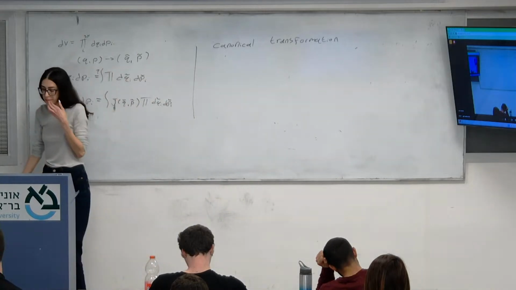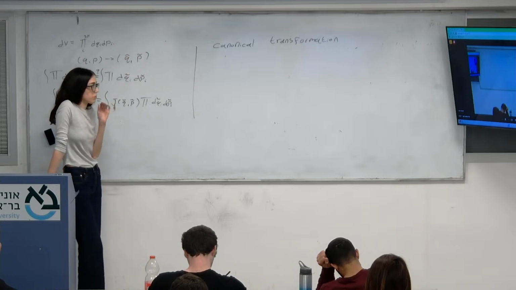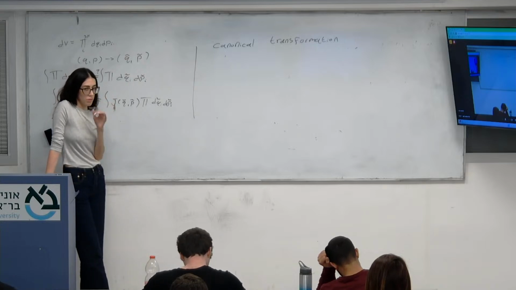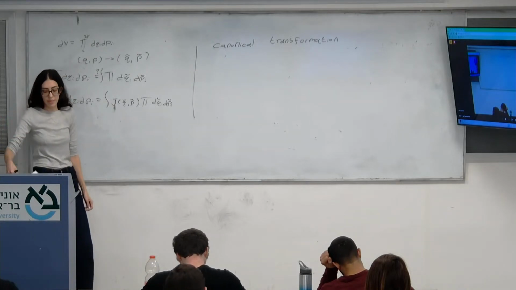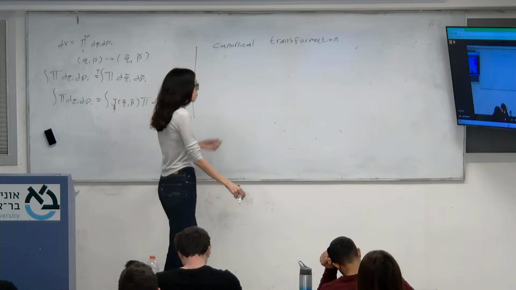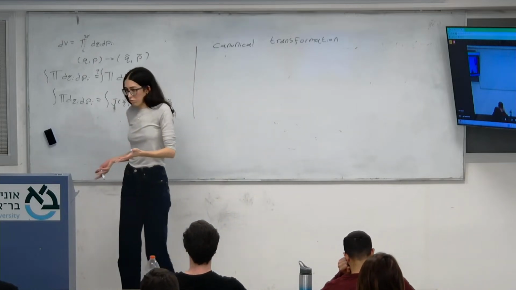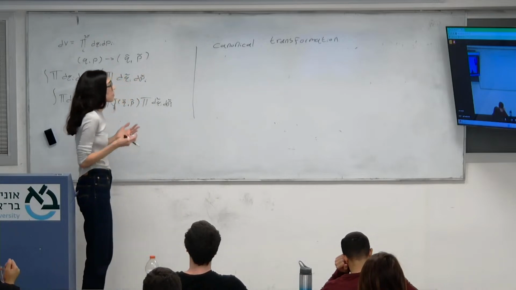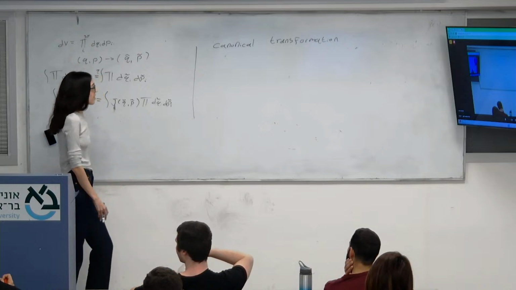Okay, so I put on the Moodle detailed tutorial notes, and I wrote there a bit more about the canonical transformation. I don't want to talk a lot about the canonical transformation because it's not a very important concept as it is.